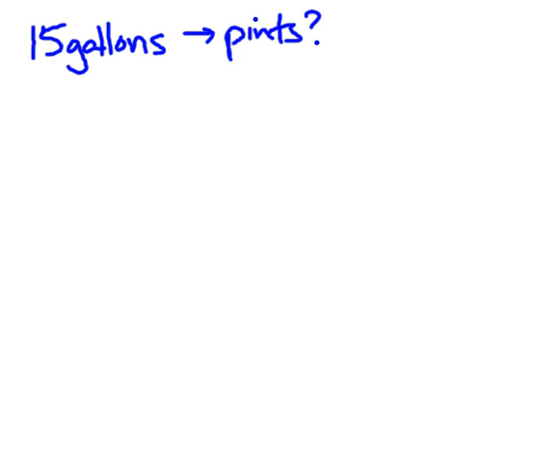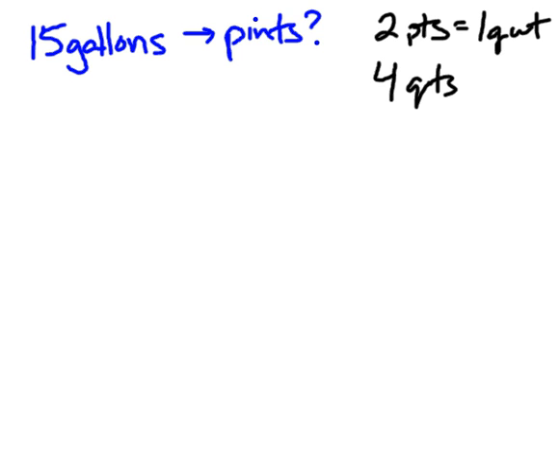So I know that there are 2 pints in 1 quart, and I know that there are 4 quarts in 1 gallon. So we'll use those to build our ratios. We'll build our fractions with that in our dimensional analysis problem.